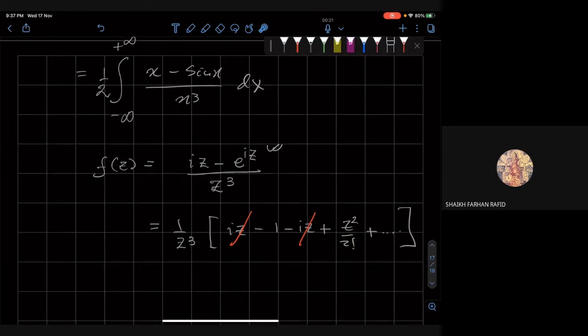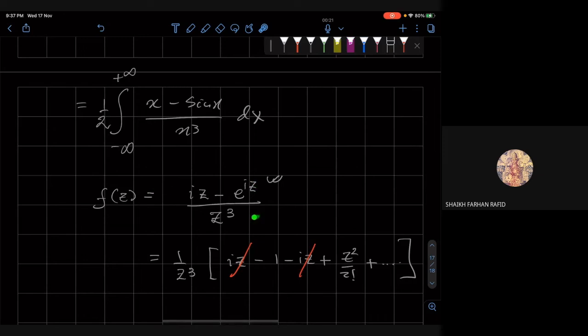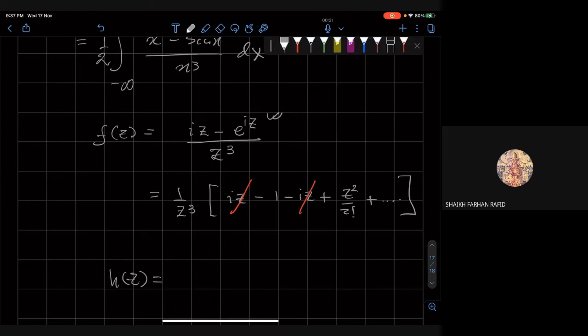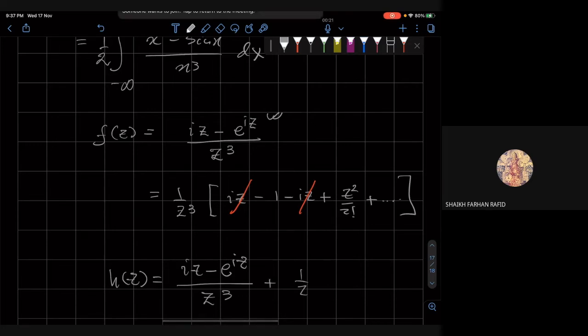And the imaginary part of this function coincides with our integrand. So now if I define another function, h of z, such that it is our original function, i z minus e to the power i z divided by z cubed, plus 1 over z cubed.